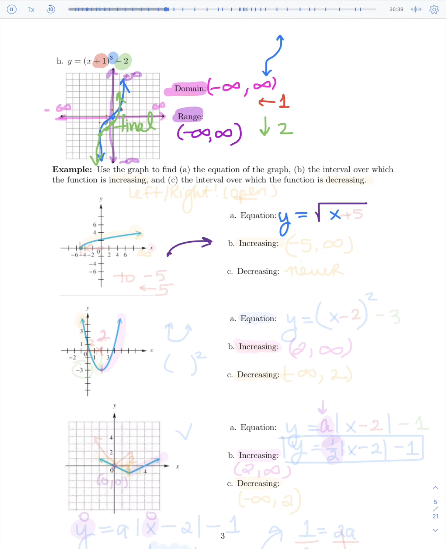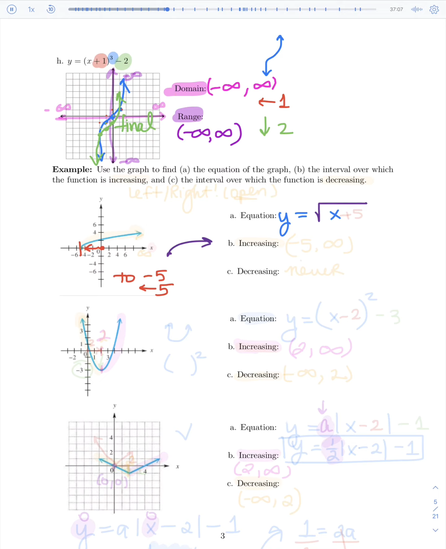Well, also, the question is, which direction has this graph been shifted? Well, normally the center is at 0, 0, but it's been shifted to the left to -5. So it's been moved to the left 5 to -5. Remember, left and right always appears as reverse. So if you see a -5 or it's been moved to the left 5, it actually means you're going to have a +5.